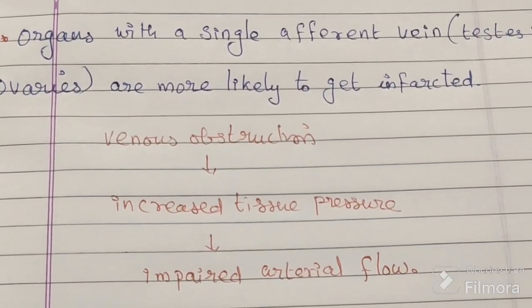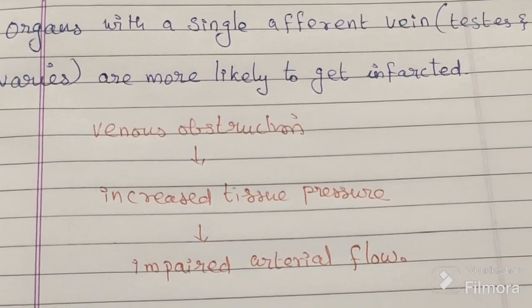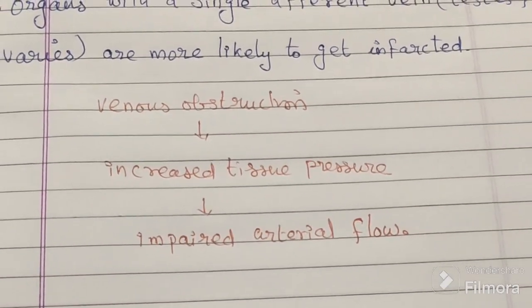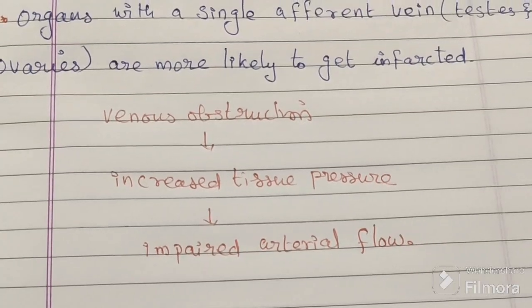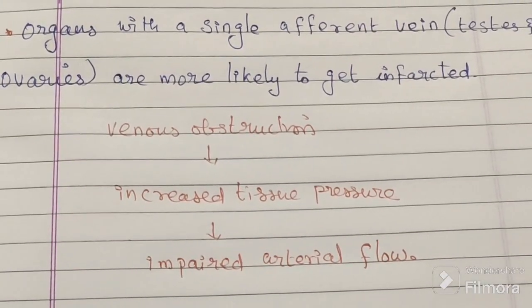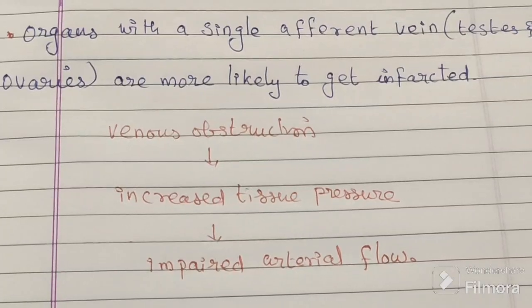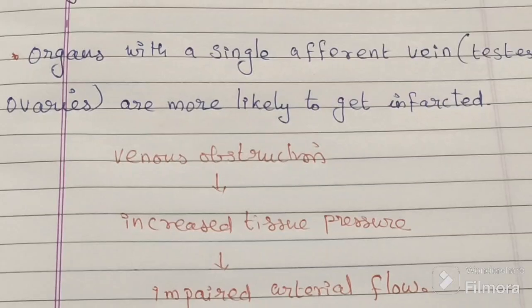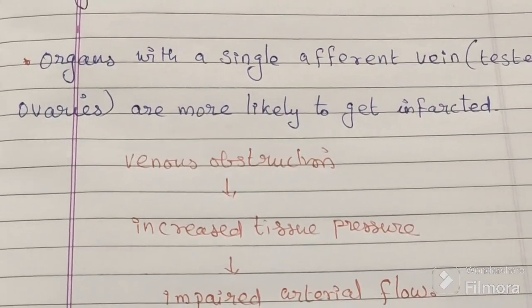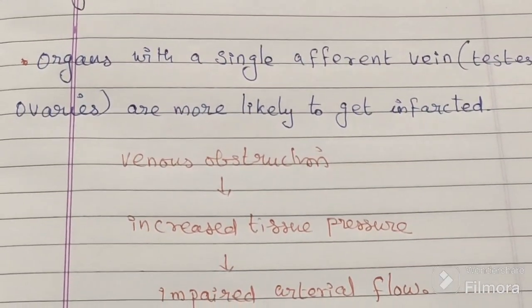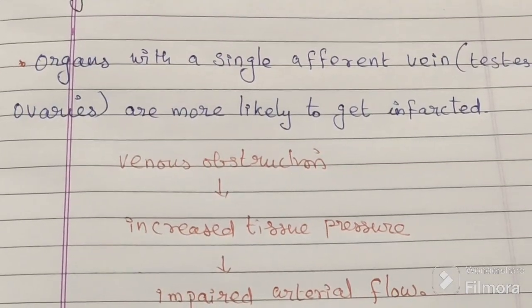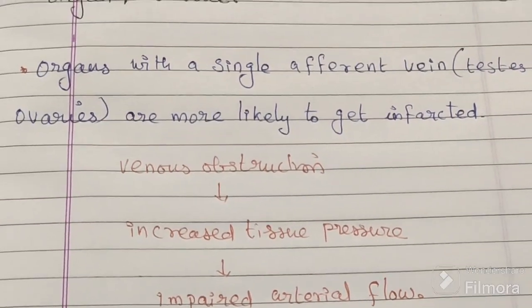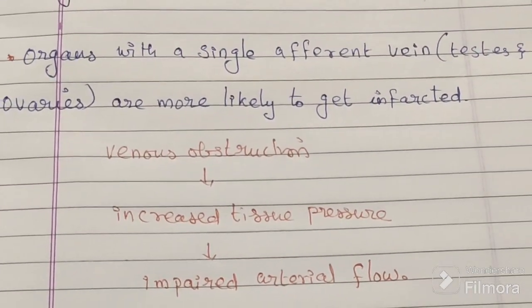Its obstruction will increase the pressure within the tissue as no collateral is present, and this will ultimately lead to impaired arterial flow followed by ischemia and infarction.